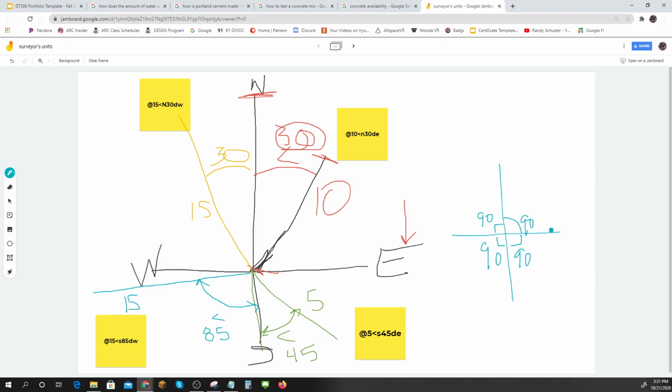And that way we know that an entire circle is 4 times 90 equals 360. Okay? Just remember, we always start north or south, and then we move through some angle to east or west.